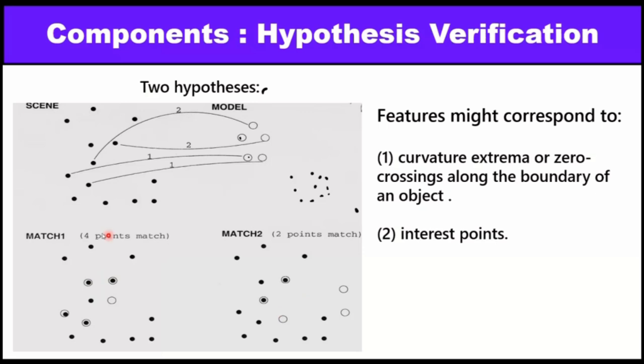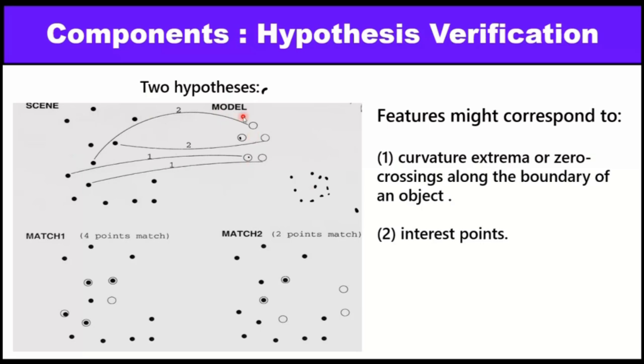Now all these points in a given image are located. That is, nose at a particular place, eyes at a particular place. These are called interest points. So interest points of the input image and interest points of the model image. The input image is called the scene and the model image is called the stored image.